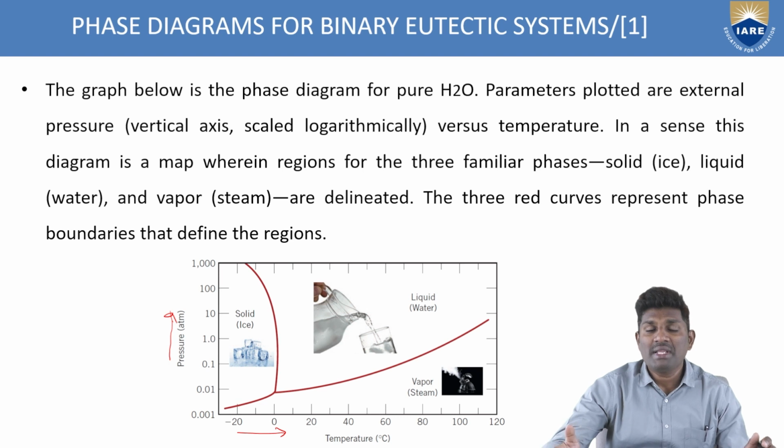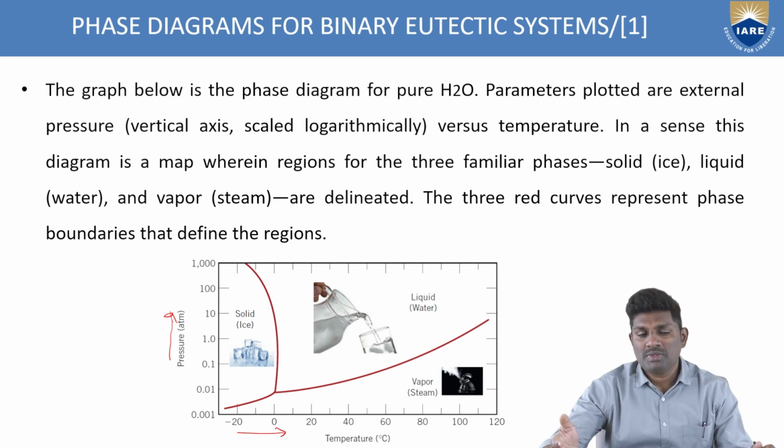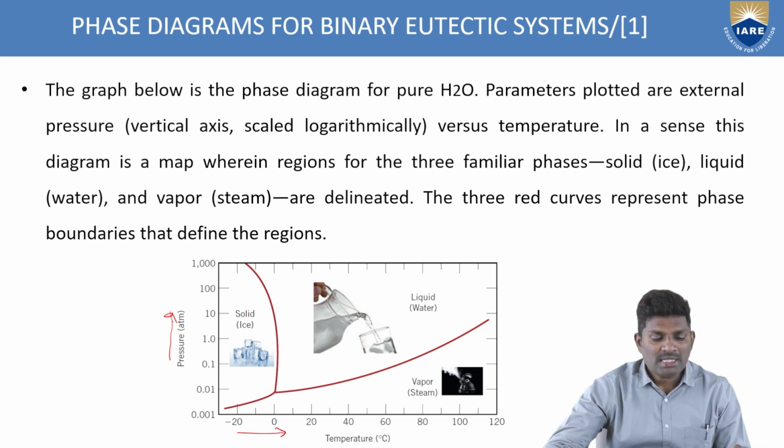Temperature versus pressure. These are the values we have along the y as well as the x axis. In this sense, we are trying to draw the diagram of how the phases of pure water transform at different temperatures.